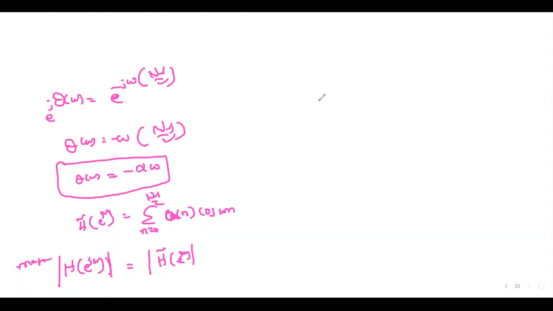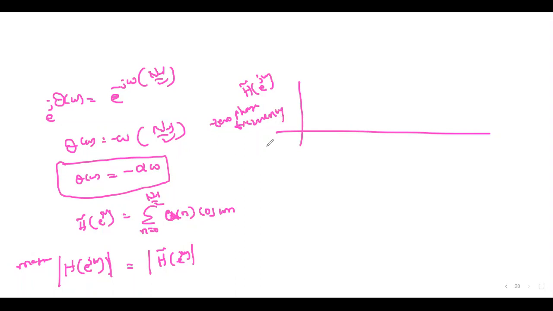So in a graphical way, this H of e power j omega is called the zero phase frequency response.